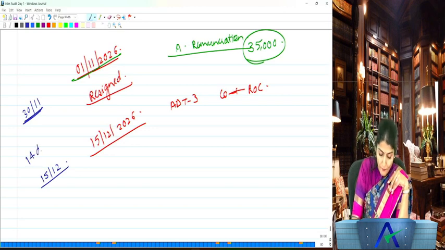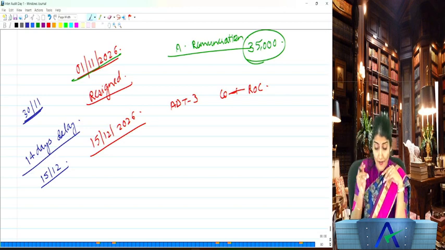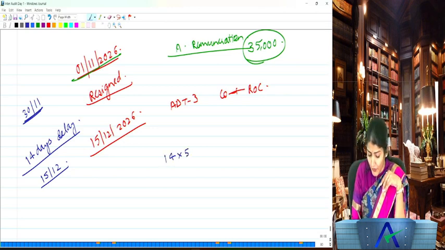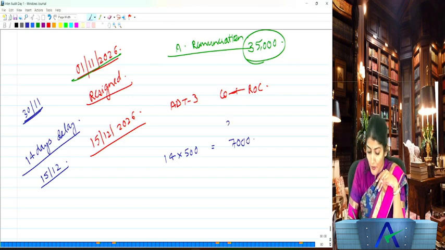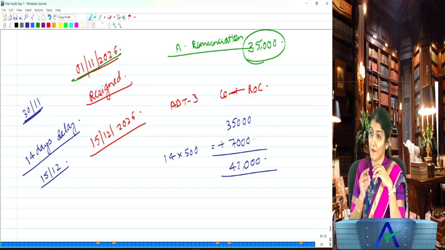That means there has been 14 days default or delay, whatever you call it. How much does it say? 500 rupees for each day of delay, right? So 14 into 500, that is 7,000, and 50,000 or the remuneration of the auditor, whichever is less. So 35,000 plus the 7,000, so 42,000.